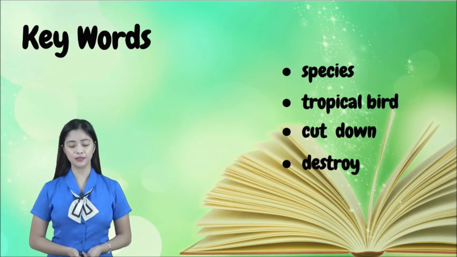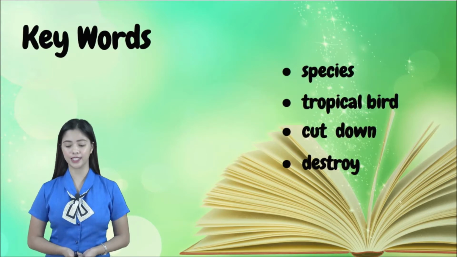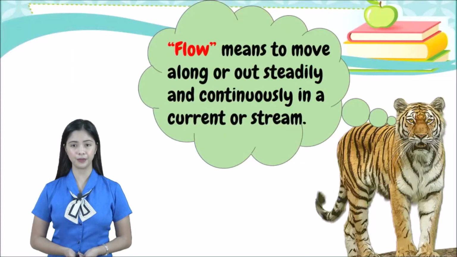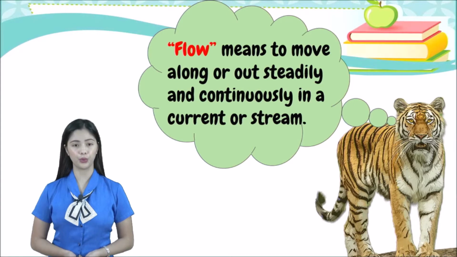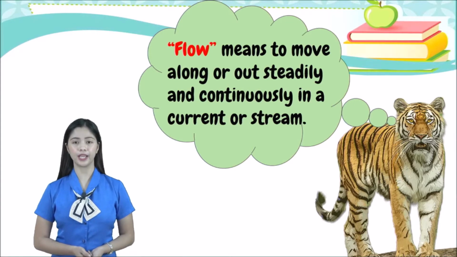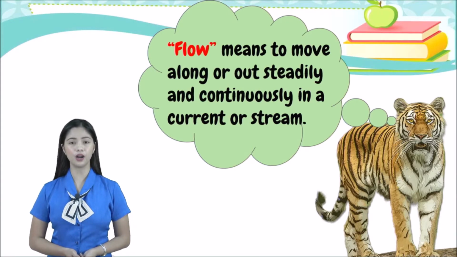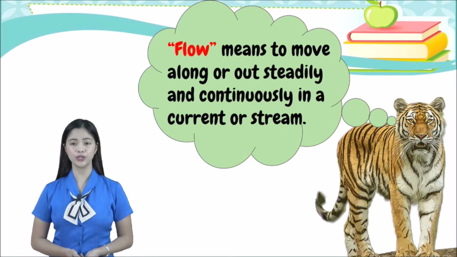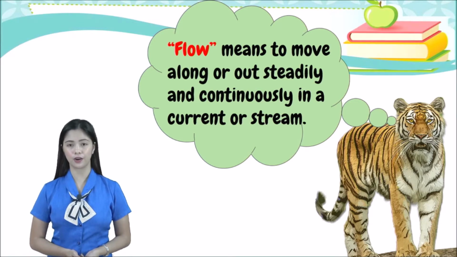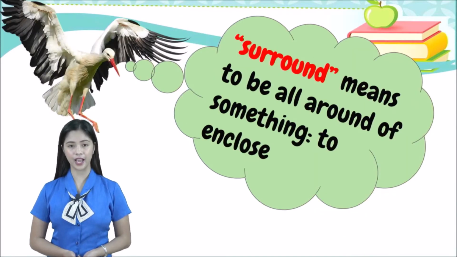So let's define them one by one. Let's start with our first keyword, which is flow. When we say flow, kids, it means to move along or out steadily and continuously in a current or stream. Next one, we have surround.